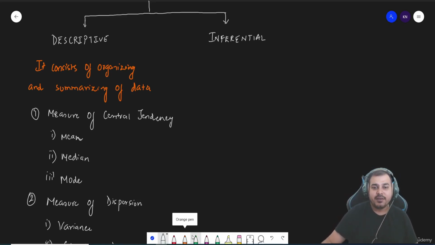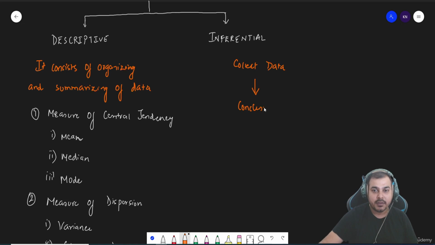Now coming to the second type, called inferential statistics. What does inferential statistics deal with? Suppose you collect some data. From this data, we will be able to make some conclusions or inferences using some experiments. Now what are those experiments? We'll discuss it.